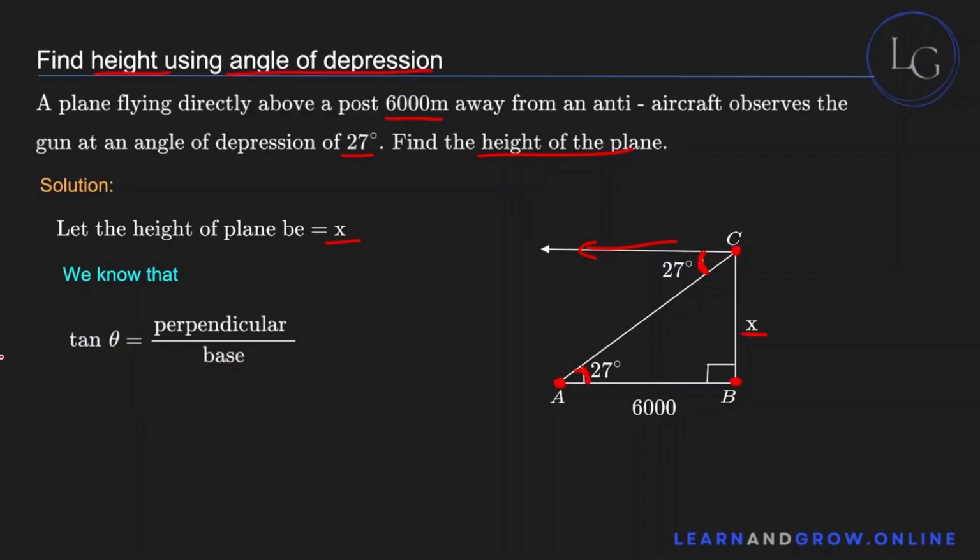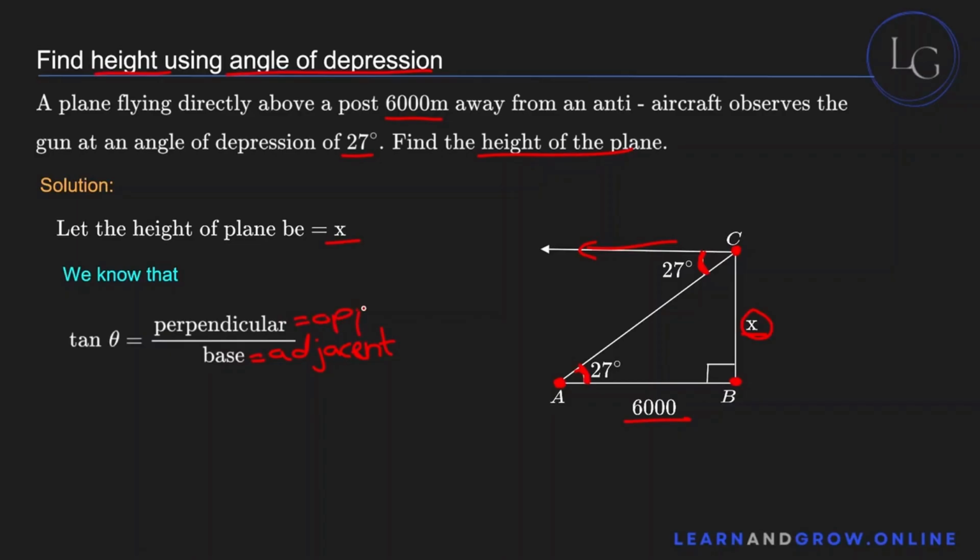So we know that tan theta is equal to perpendicular over the base, which is also called the adjacent. Now, the angle of depression is 27, so the angle of elevation from A is also 27 degrees. Now, the tangent of 27 is basically x over 6,000, because it's the perpendicular over the adjacent, or the opposite over the adjacent, right?